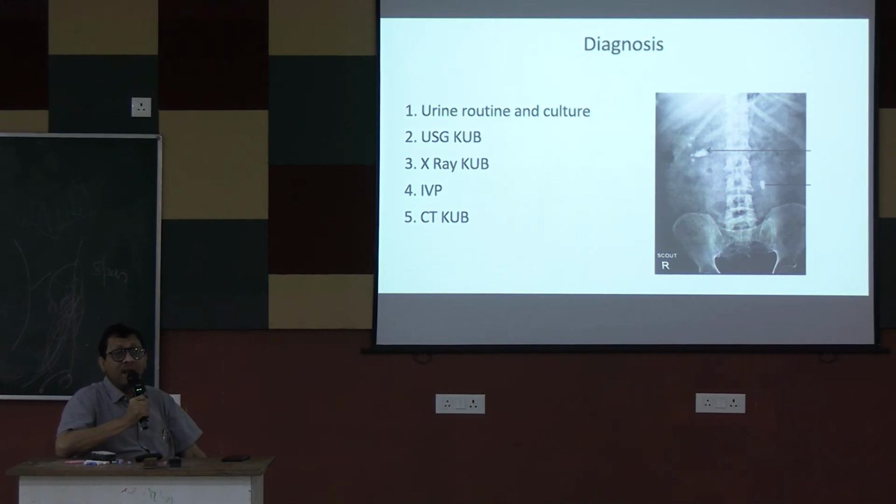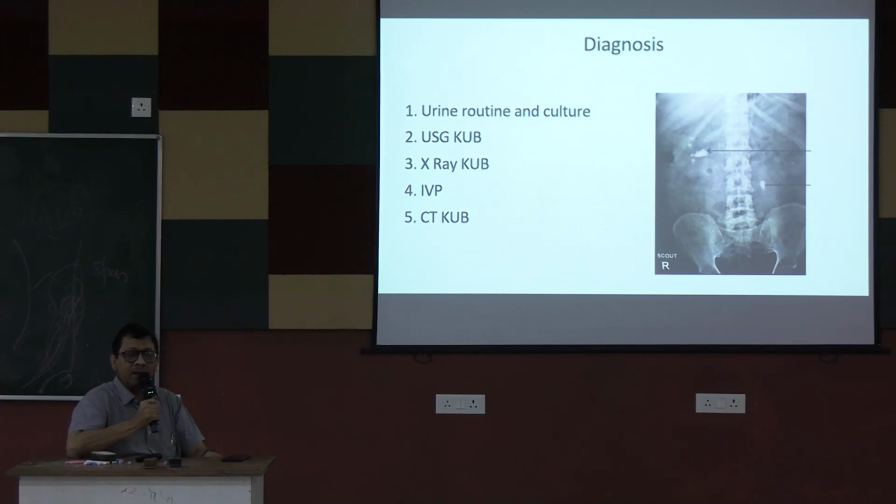Non-contrast CT scan is 95.5% sensitive in detecting urinary stone disease, even if it is in the dimension of 3 to 4 millimeter. IVP is no more done nowadays, but this is the conventional investigation done for urinary stone treatment.